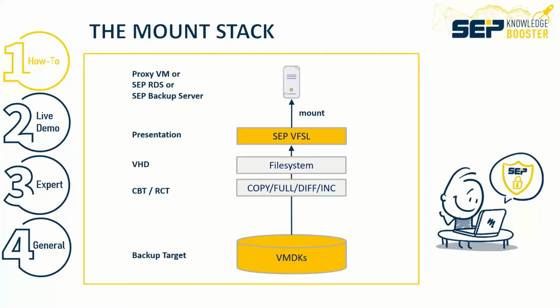But, and that was also one of the outlooks I wanted to mention, with the next release, we also support the so-called resilient change tracking backup. This is nothing else than, as you all know it from other hypervisors, the so-called CBT backup, change block tracking backup.